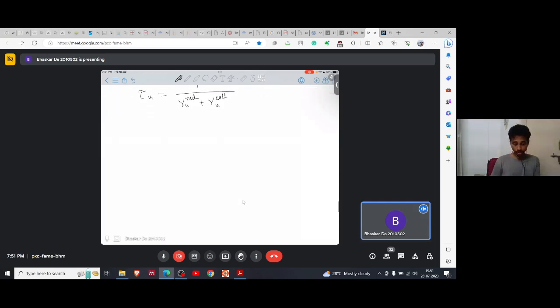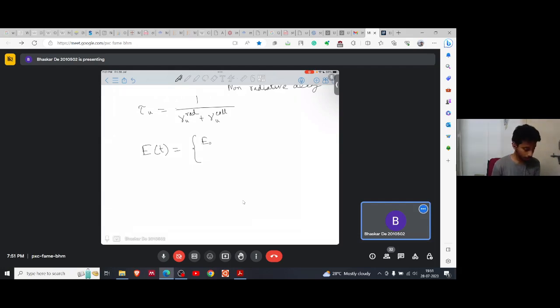Now when there is a decay of this kind, the electromagnetic wave emitted from the sample can also be decreasing. So if we want to write that signal, we will write it like this: E(t) equal to E naught e to the power minus gamma naught by 2 t, e to the power minus i omega naught t, for t greater than 0, and 0 for t less than 0.